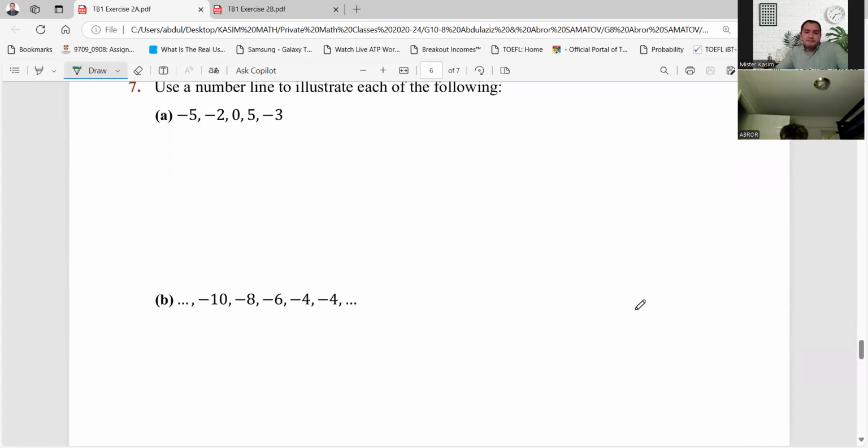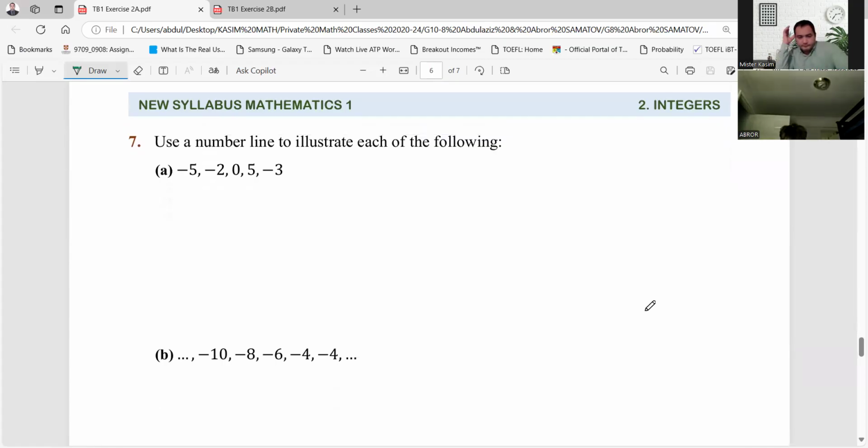With question 7, use a number line to illustrate each of the following.